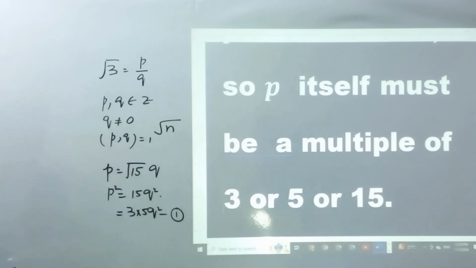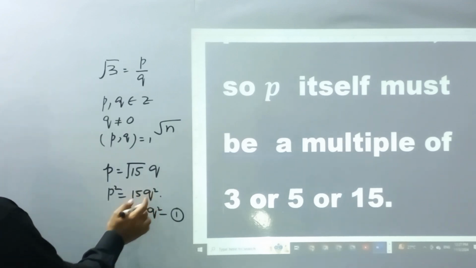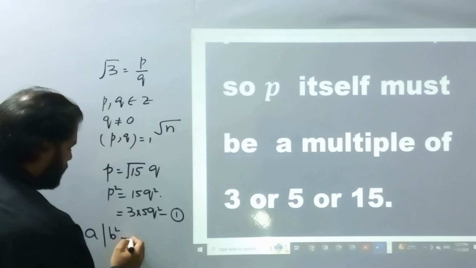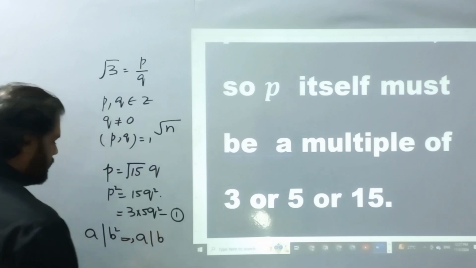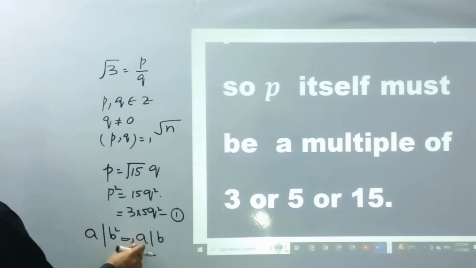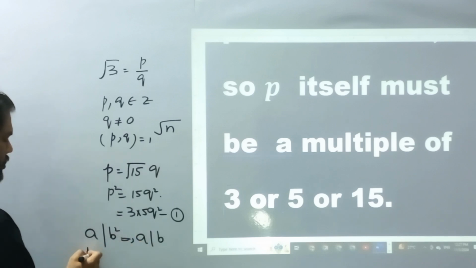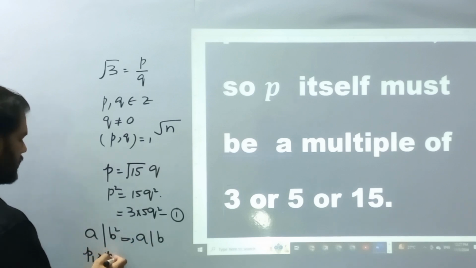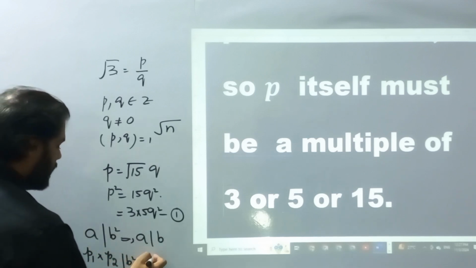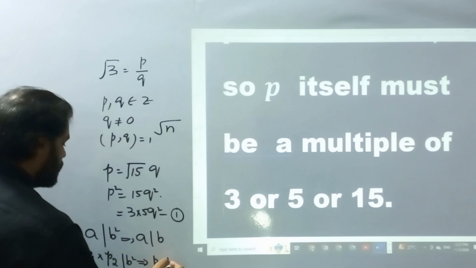As above, we have discussed our result. If a composite number a divides b square, then it does not imply that a divides b. But if we make the prime factorization of a, suppose p1 and p2 are the prime factors of a that divide b square, this implies p1 and p2 both divide b.